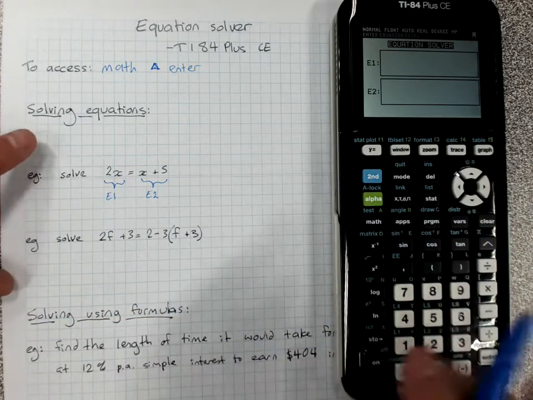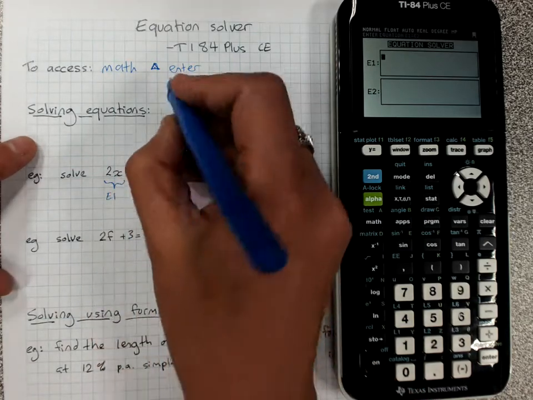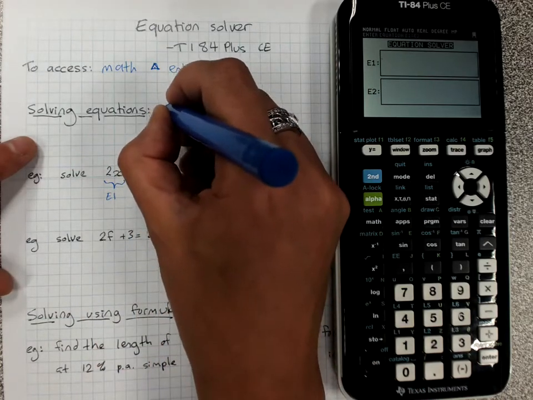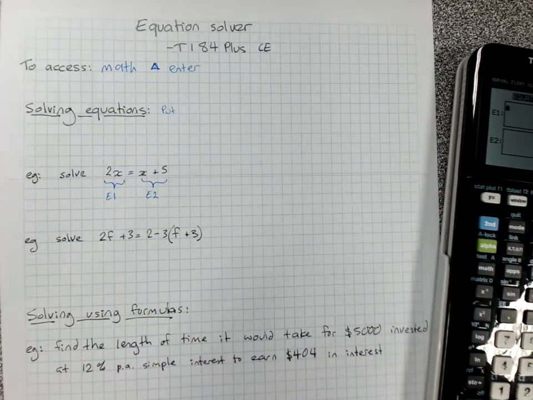We use the alpha key to enter letters. This isn't a very good pen for this, so it's not showing up. Let's see if we have a better option.